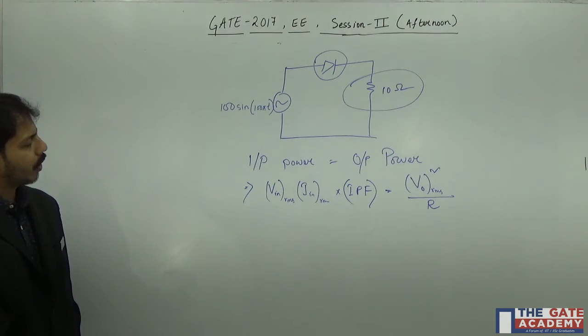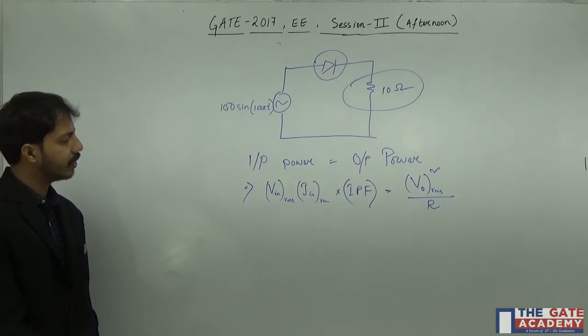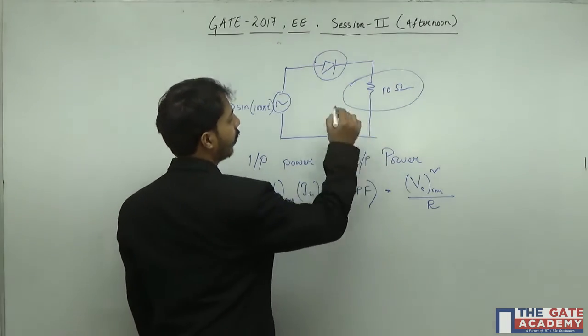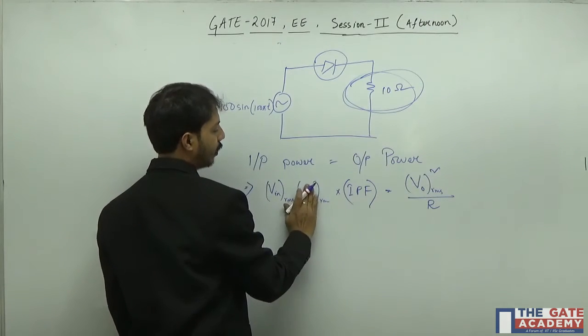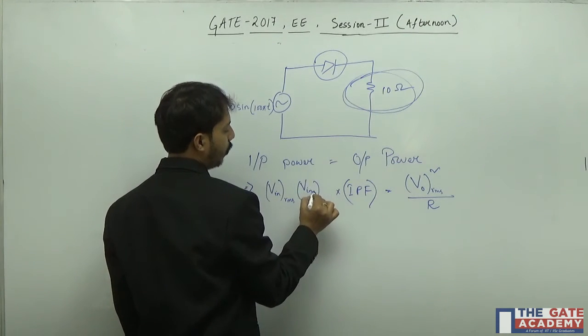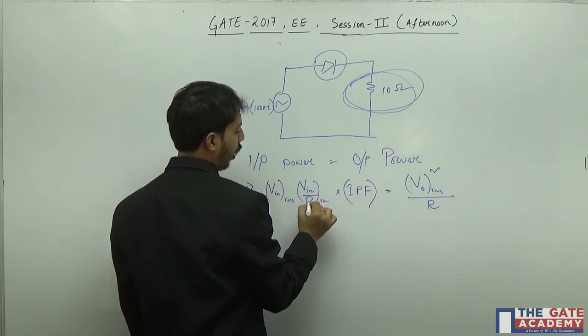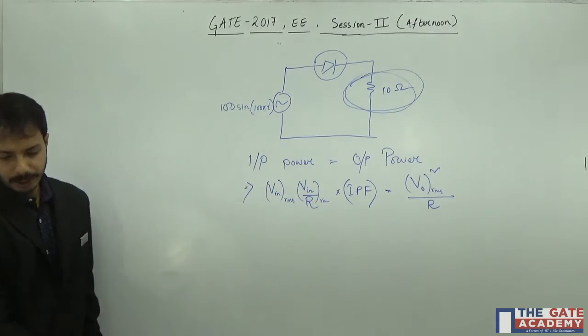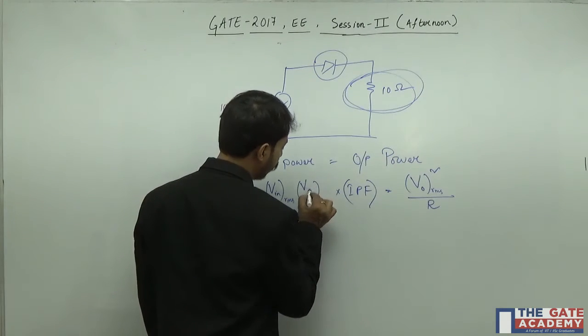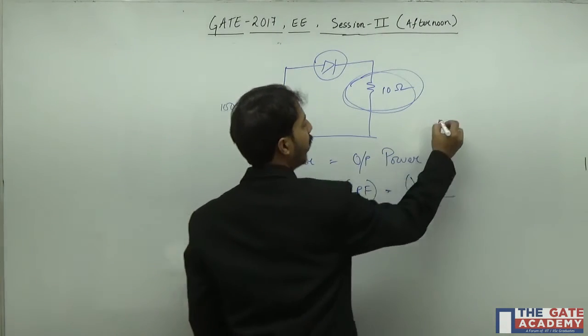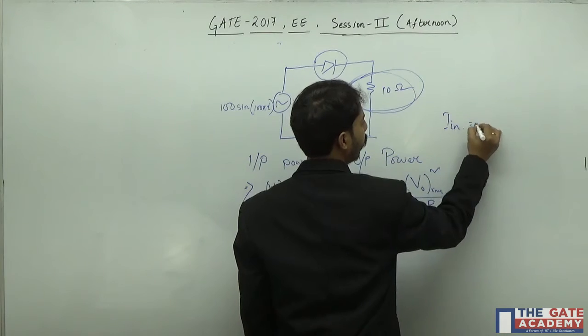Now what is input current? Input current here, since this is a resistive load, I can directly write this as V output RMS by R, because I input is equal to I output.